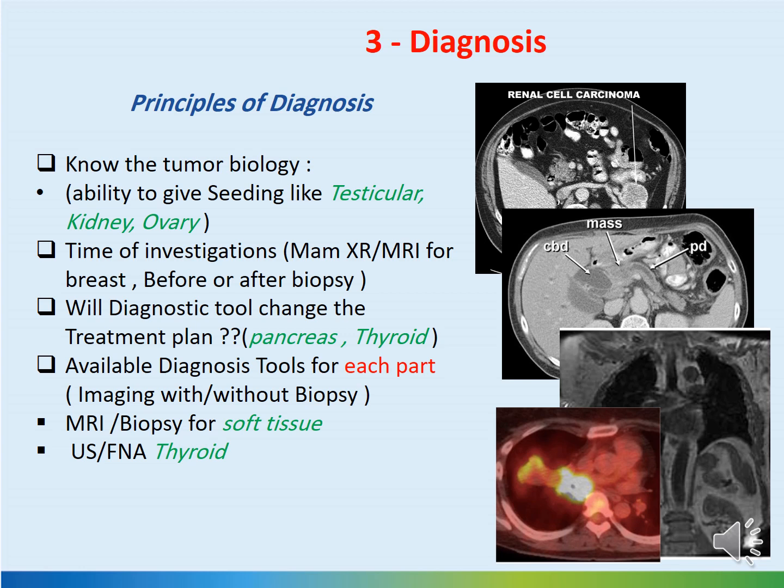We know that any head of pancreas mass, even if it's benign or malignant, the treatment is surgical resection, called Whipple resection. So it will not change. Even if it's benign, we have to go for this type of surgery. So in this scenario, we can skip the biopsy and go directly for the procedure.